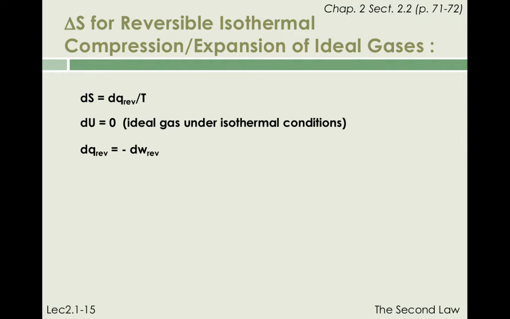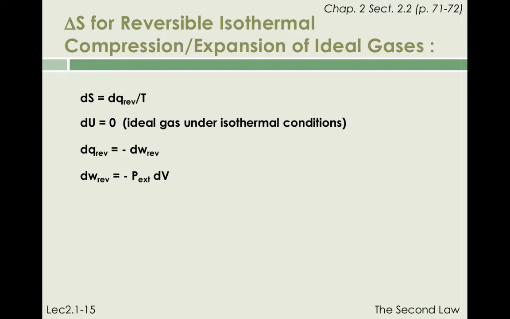The work for a small part of the process is written as dw equals minus P external times the small change in volume dV. However, since we need to consider a reversible path for the calculation of dS, we must express the work for reversible processes.